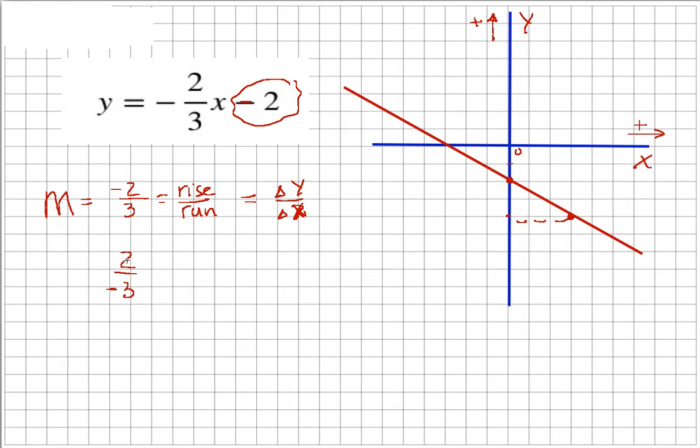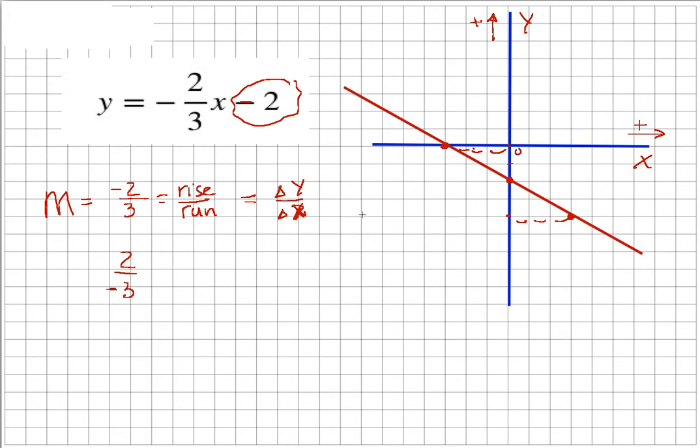If our rise is positive, we would go up 2 points, from negative 2 up to 0, because it's 1, 2, right? And then since our run is negative, instead of going to the right we're going to go left 3 units. So we'll go 1, 2, 3. So we would end up at this point instead.